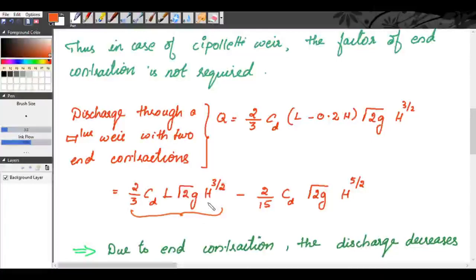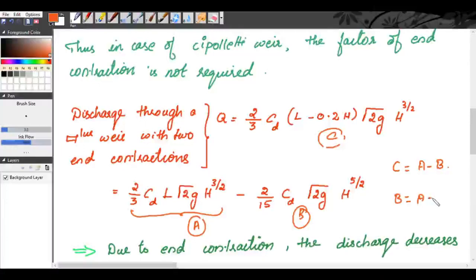So you will get, see, this is equal to this, right? If I take this as A, this as B, and this as C, then C is equal to A minus B. So if you need B, how will you get B?